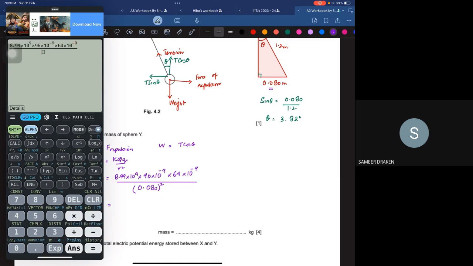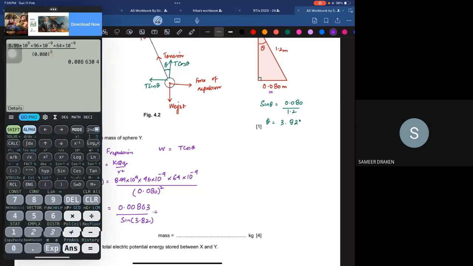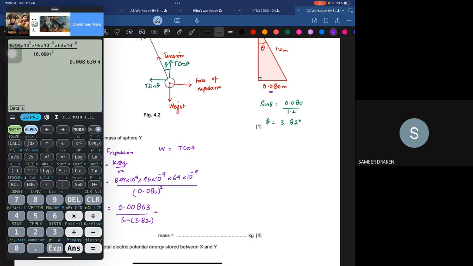Now simply try to find this, and then divide it. So your answer should be 0.00863. Now we have to find tension, so we divide this by sine of 3.82. So let's do that. Answer divided by sine of 3.82.